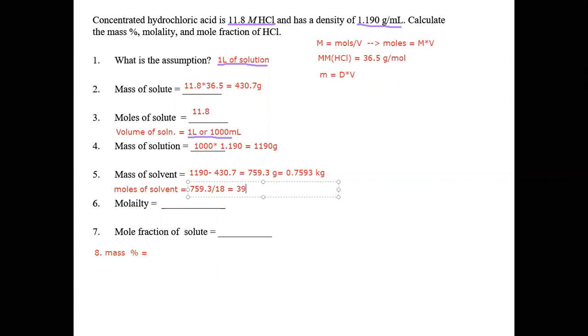And we get 39.963. So now we have everything that we need to calculate molality, mole fraction, and mass percent. So molality is going to be moles of solute divided by kilograms of solvent.